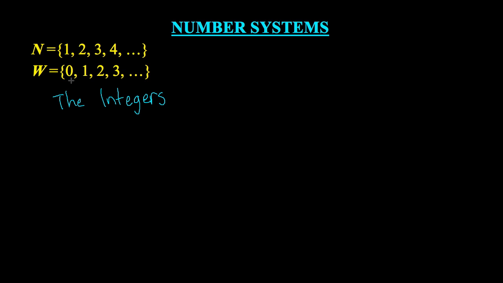The whole numbers were non-negative, meaning they have the counting numbers plus 0. So the integers now include numbers like -3, -2, -1, -50, -1000. Once again, no trailing decimals, nice, clean values.